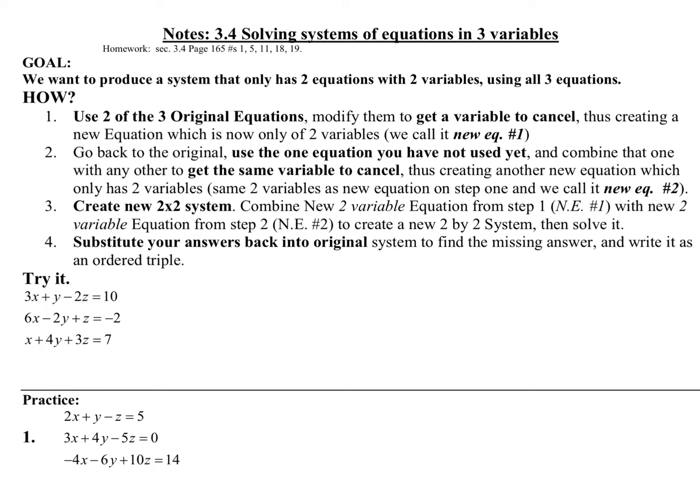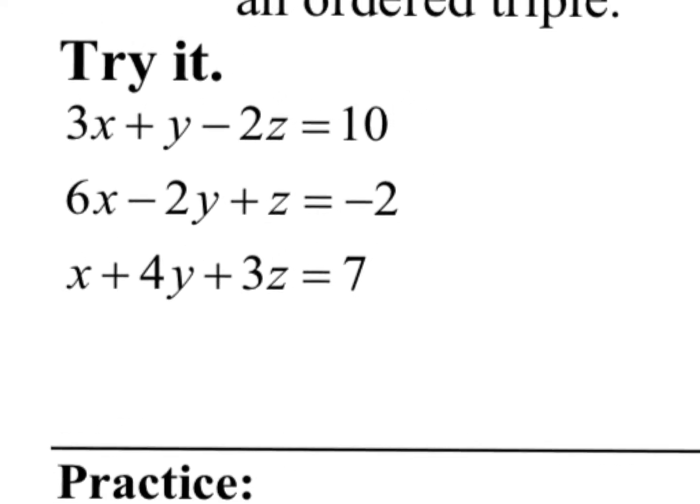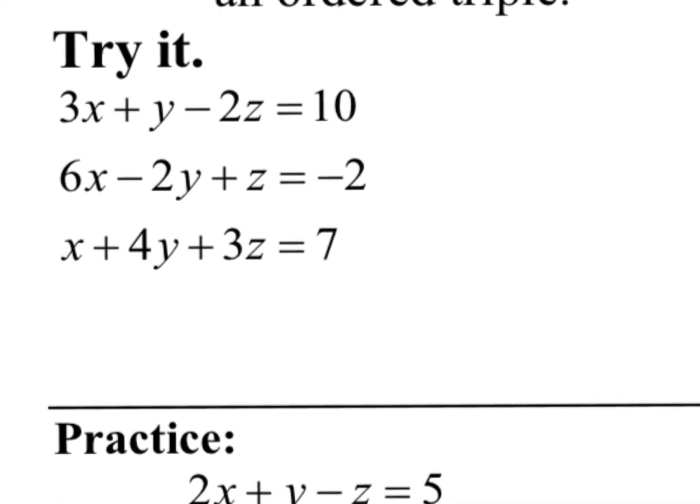These are called 3x3s. Anyway, step 1: use 2 of the 3 original equations and modify them to get a variable to cancel. So let's look at this. Now, we need a variable to cancel, either the x's, the y's, or the z's, right? So what do you think's easier to cancel? The z's, the y's, or the x's?